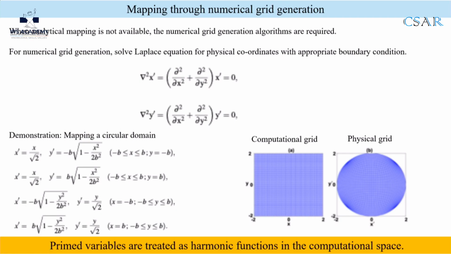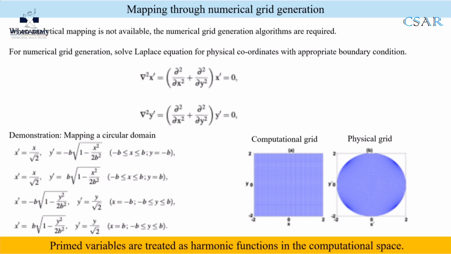When you want to generate a numerical grid, you can think of it that your transformed coordinates x' and y' are actually harmonic functions of the original coordinates. So you again solve a Laplace problem, and you give whatever shape you want as a boundary condition. It is like a potential problem with the potential given as a boundary condition.